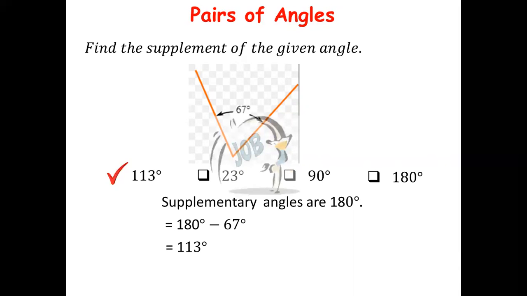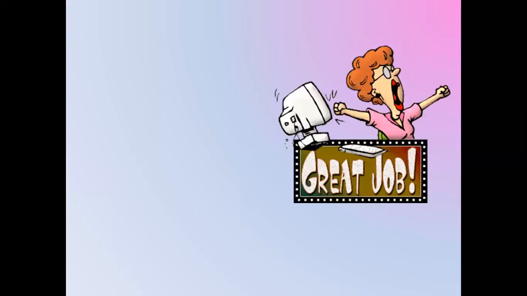I'll repeat that again if you have not. Complementary angles are 90 degrees. Supplementary angles are 180 degrees. So if the question says find the supplement of the given angle, you will subtract the given angle from 180. If the question says find the complement of the given angle, you will subtract the angle from 90.